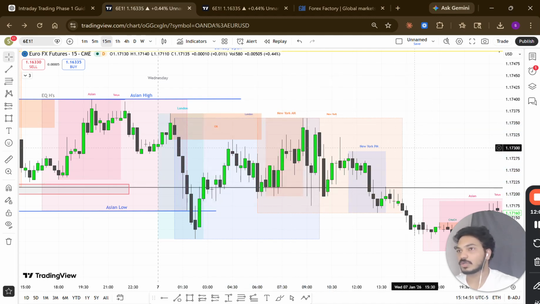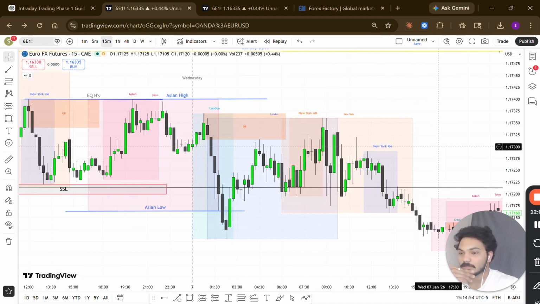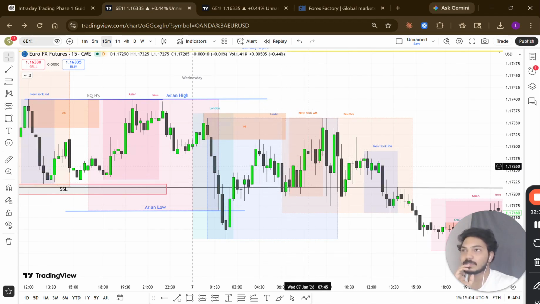Remember, we're not talking about the execution, we just try to frame the ideas. If you see, after this retracement it tried to consolidate, manipulate towards the London high and failed from there.